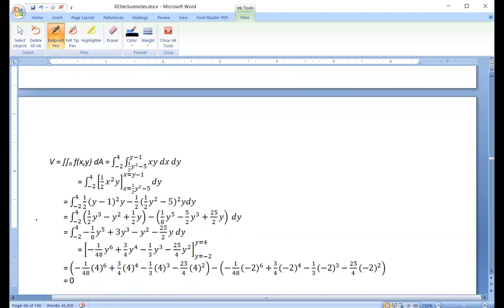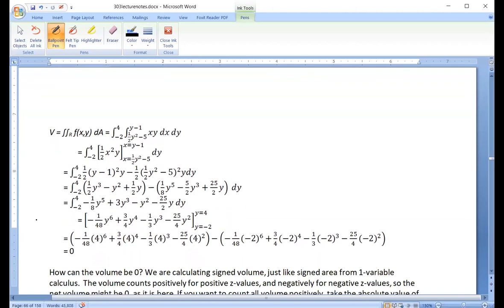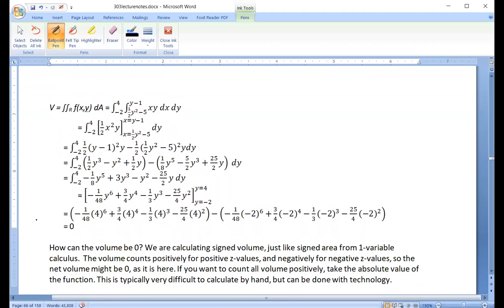How can the volume be 0? Well, technically we are calculating signed volume, just like signed area from single variable calculus. Remember that you could calculate the integral of a function and get 0 if the positive area and the negative area canceled out. Same thing here. Positive z-values give you positive counting volume.